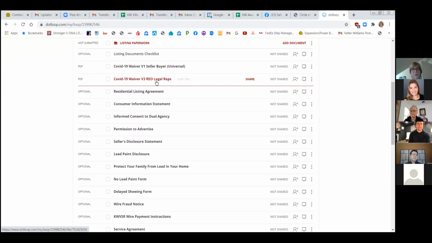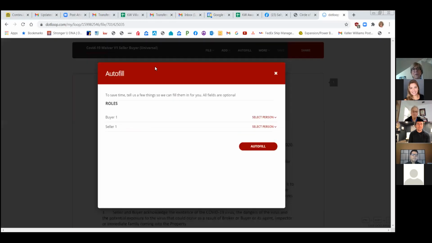Maybe it's an older person and they have like sort of a guardian or someone who has power of attorney. Then you would use this second one, but almost all the time you're going to use this first one. And it's super important, especially right now, because COVID is back on the rise again. So we need to protect ourselves, not only from COVID, but from lawsuits by having this COVID waiver signed.